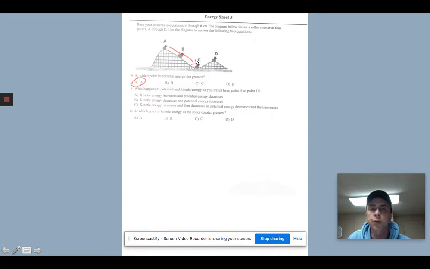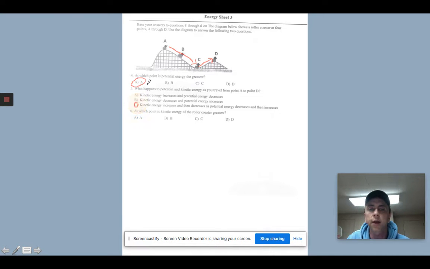So kinetic energy will actually start to decrease, right? And then it's definitely going to decrease as I'm going higher up. If you've ever been on a roller coaster, you know you go up slow, right? And then I hit another point of higher potential energy. So the correct answer here would be C.